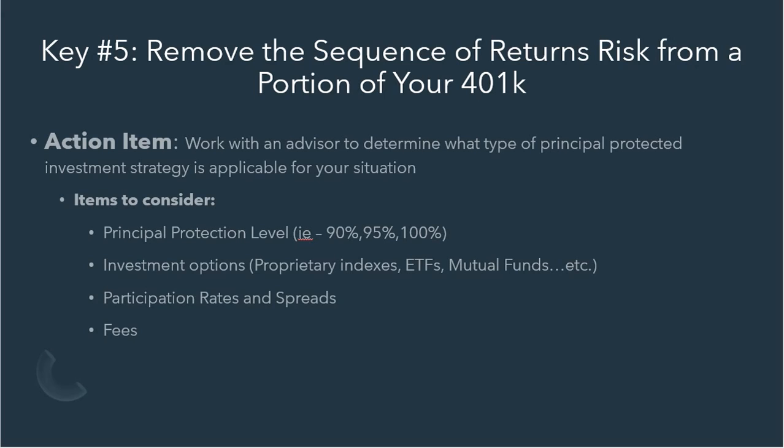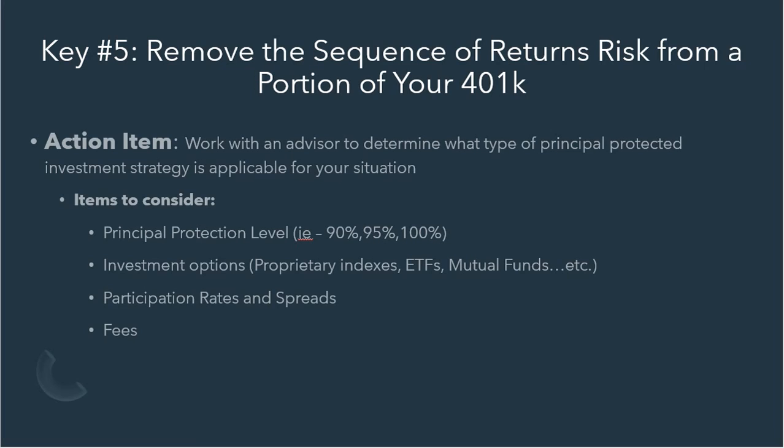So these types of investments that I'm going to talk about next are, again, you can get partial principal protection or 100% principal protection. You have a lot of different investment options. In today's environment, the crediting is really good, so you can get over 100% crediting on indexes. You can do ETFs, mutual funds, whatever. Understanding participation rates and spreads, and fees. So a lot of these have zero fees.